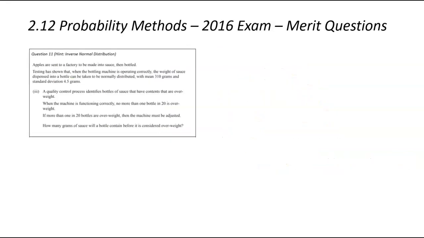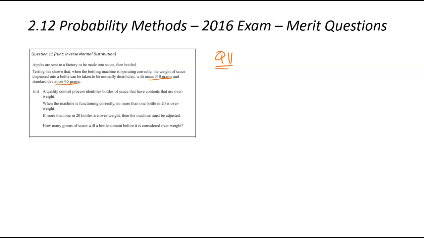And our final question, question number 11 from the website. Apples are sent to a factory to make sauce and then they are bottled. So that's the new part. Testing showing that when the bottling machine is operating correctly, we're going to have a mean of 310 and a standard deviation of 4.5.